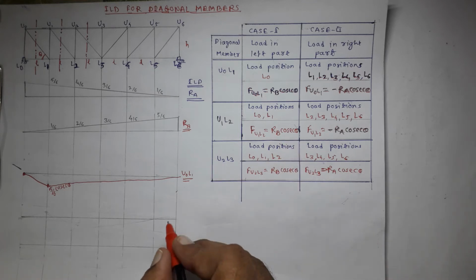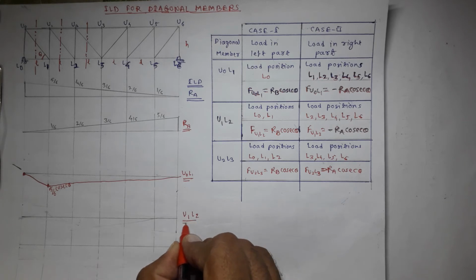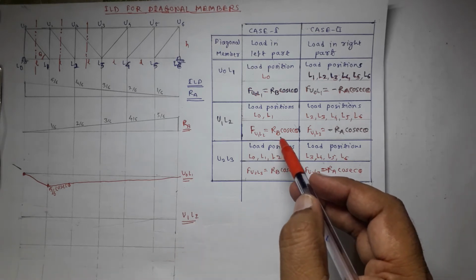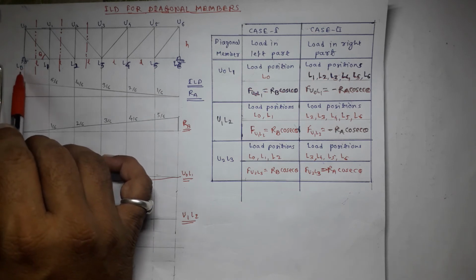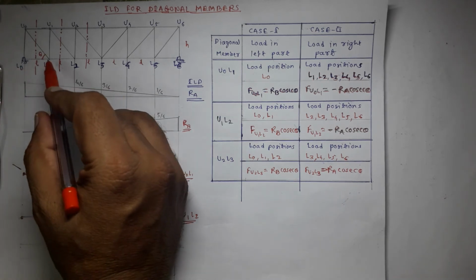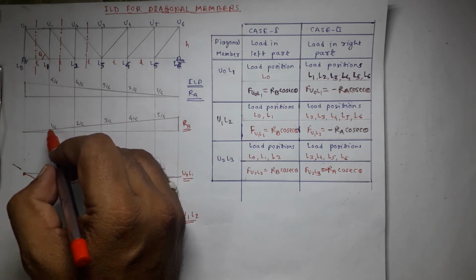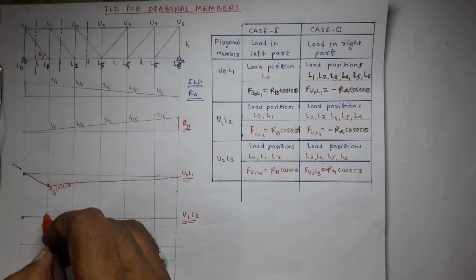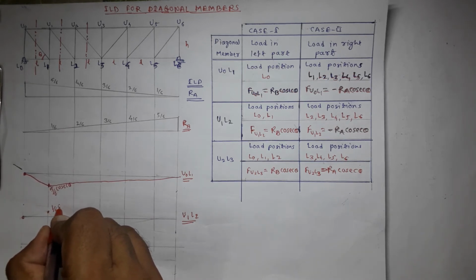Now I am going to get the ILD for U1 L2 over here. So U1 L2 is RB cosec of theta. When the load is at L0, RB is 0, so I am going to get the value as 0. When the load is at L1, RB is 1 by 6, on the positive side, so it will be 1 by 6 cosec of theta, this point.